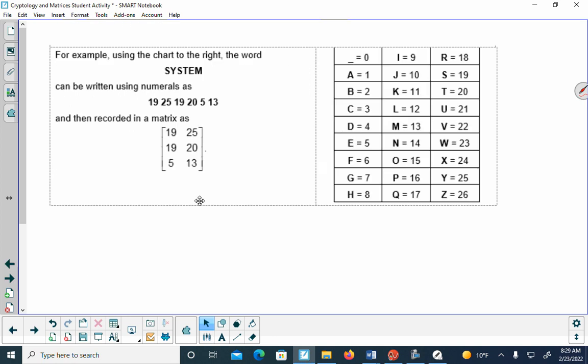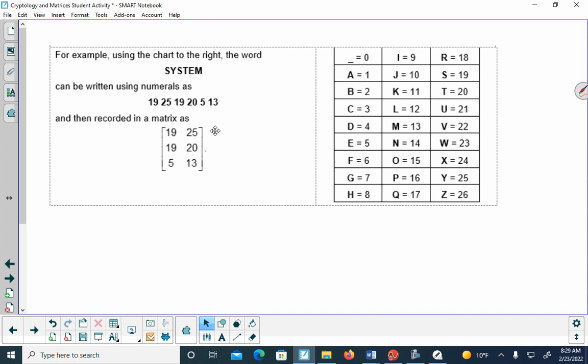Say I have a message that I want to send across the world, and I don't want anyone else to know what I'm sending. Let's say the message is system. I'm going to set each letter up with a number. You will be given a chart that links A to 1, B to 2, and so on.